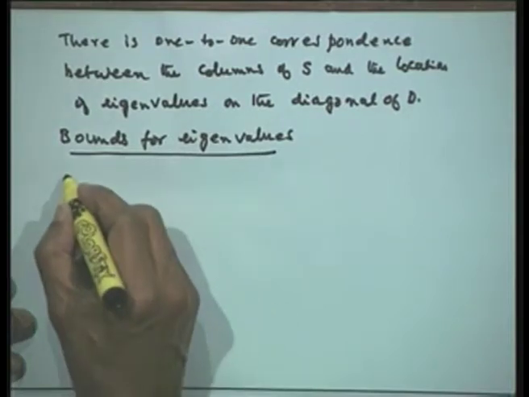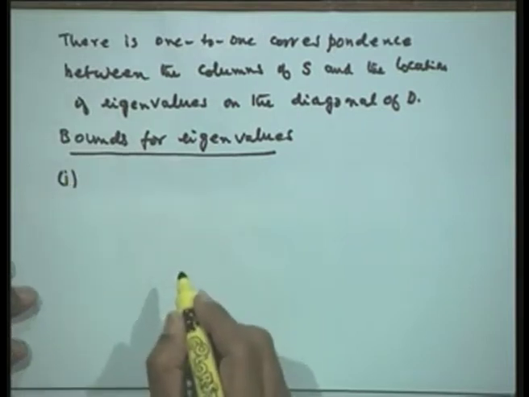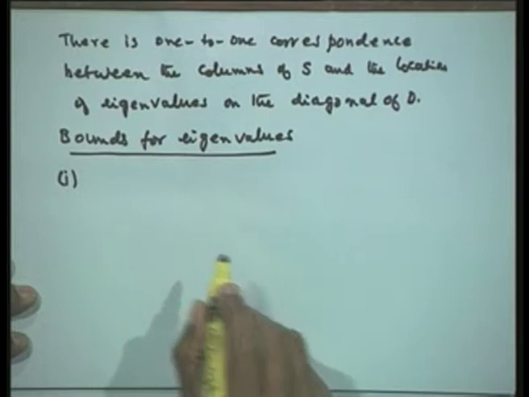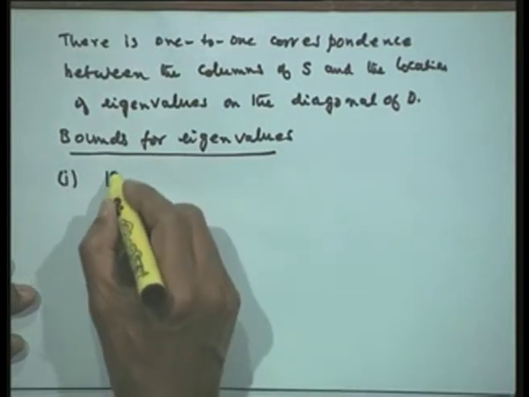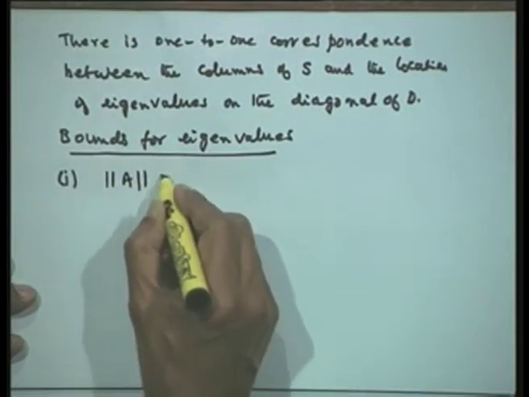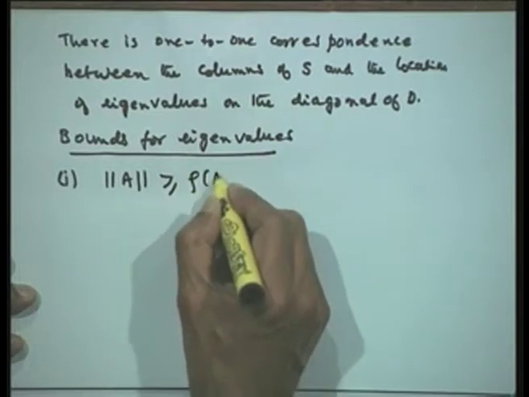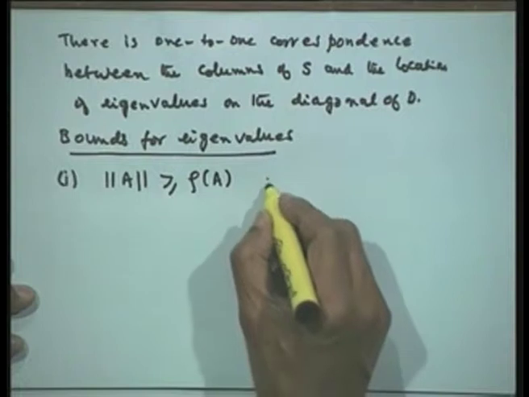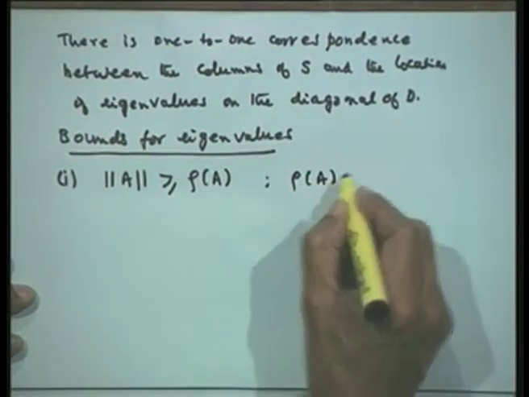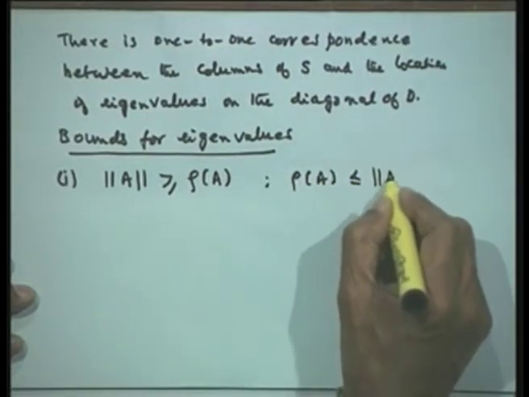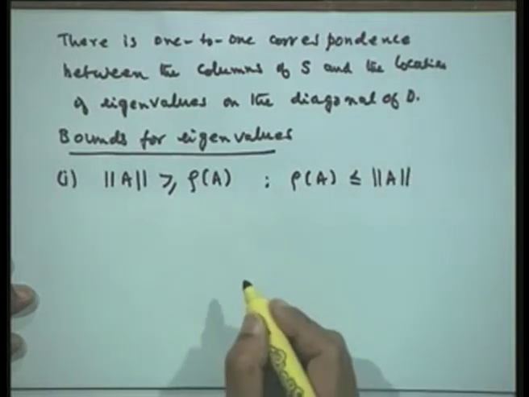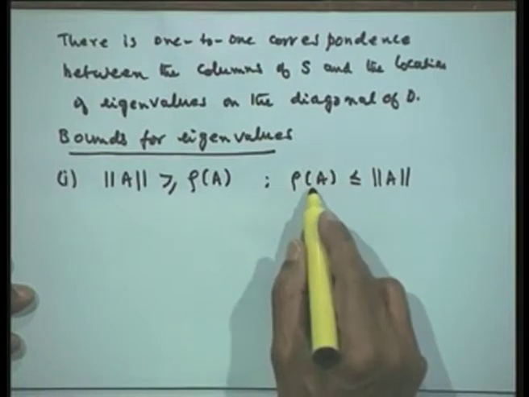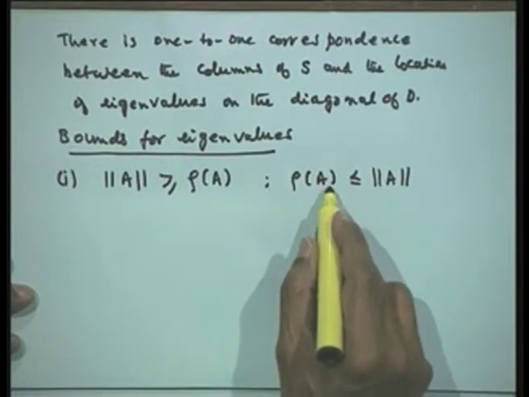Now, one bound which we have already done earlier while describing norm. If you remember, we have shown that the spectral radius of A is less than or equal to the norm of A. This property we have proved. The definition of spectral radius of A is the largest eigenvalue in magnitude.